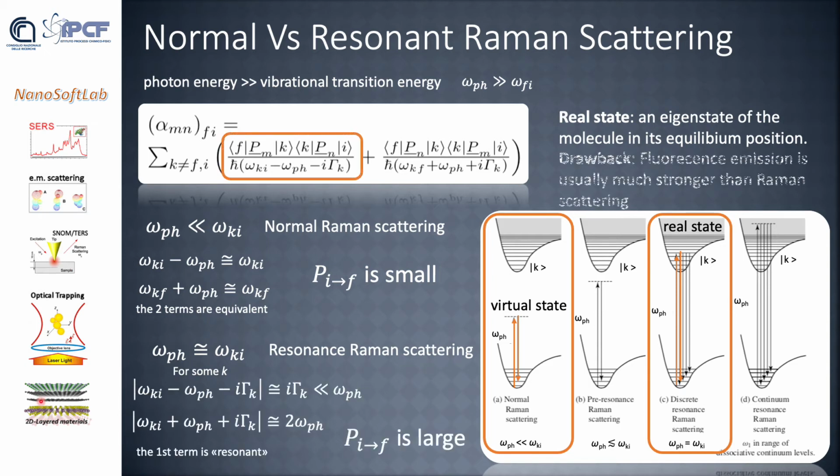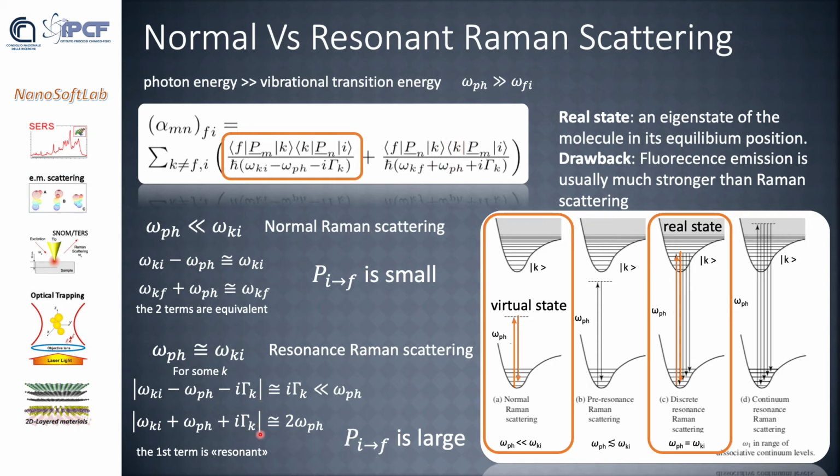What happens is that since omega photon is equal or similar to omega ki, this first term is prevalent, since this sum is basically 0, and this means that this denominator will be dominated by this term, i gamma k, and since gamma k is much smaller than omega photon, this will induce a very large enhancement in the transition probability. The second term is, in this case, negligible.